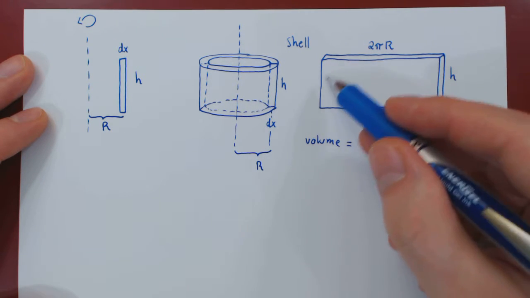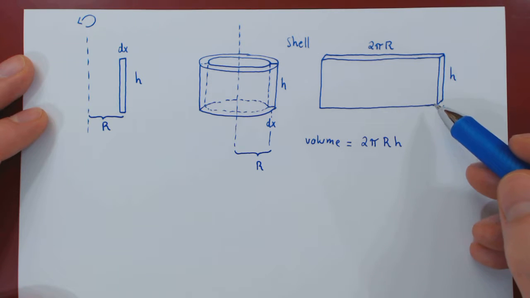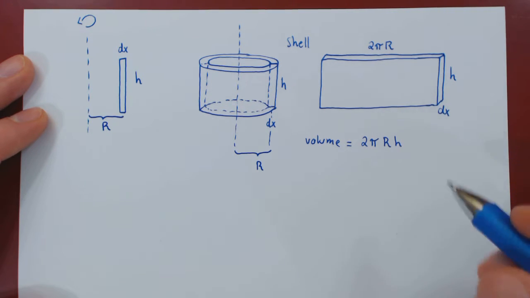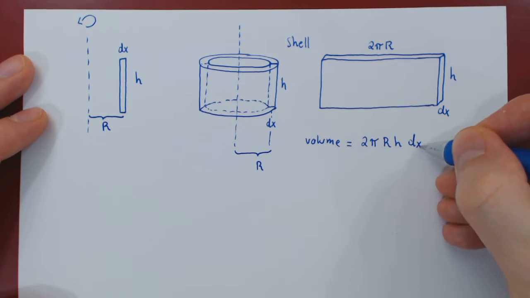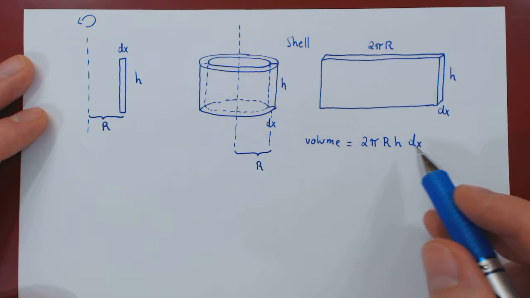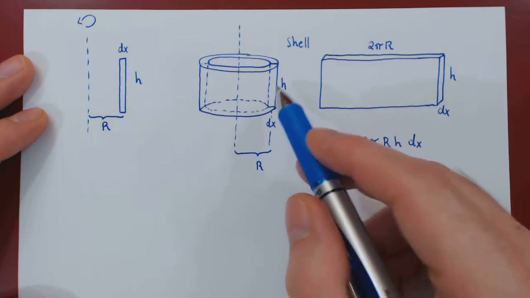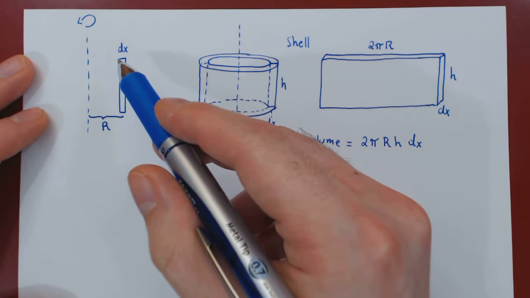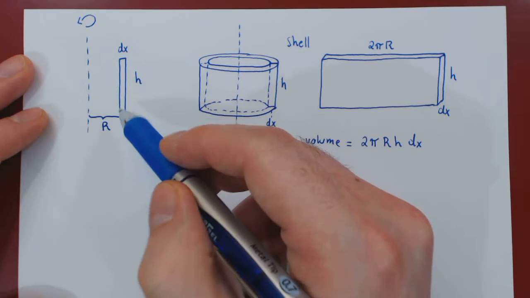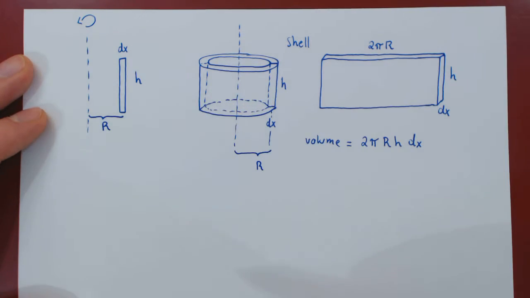This, of course, is the area of the face of our prism, times, of course, its thickness, dx. And this is how you can find the volume of a little shell generated by revolving a rectangle that is parallel to an axis of revolution.